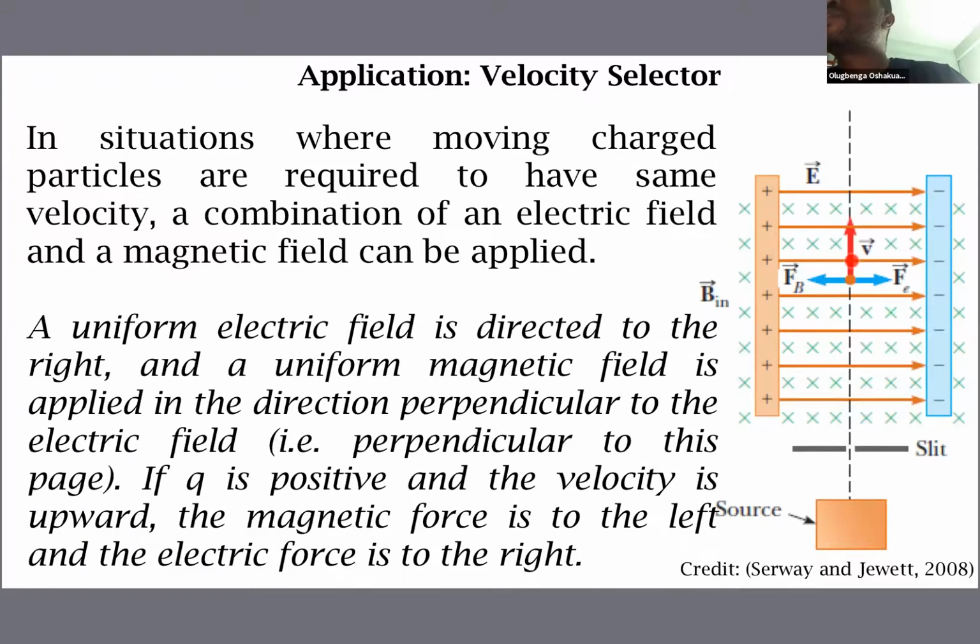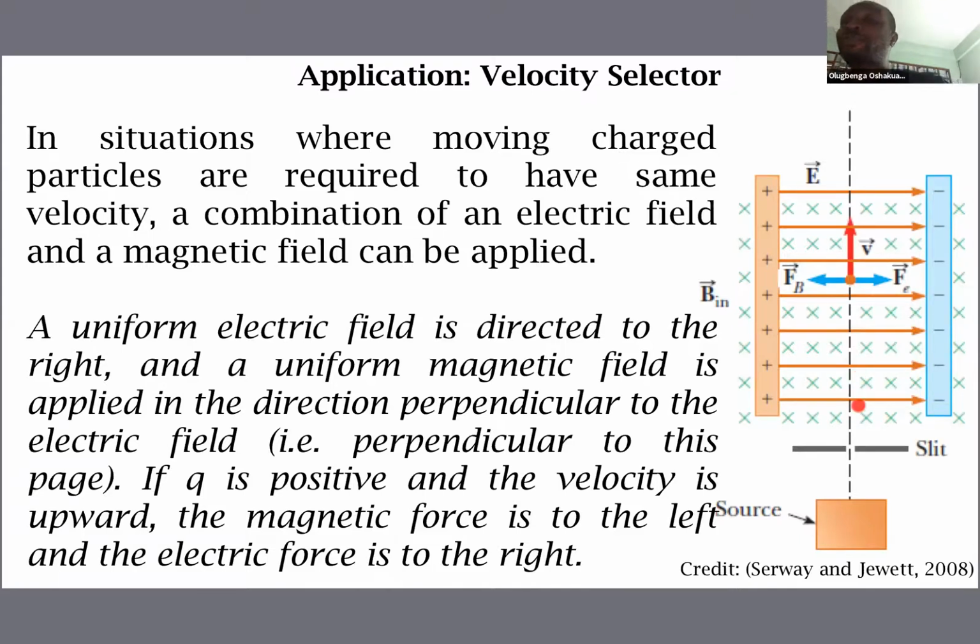It will experience a magnetic force to the left and an electric force to the right. But since it is the velocity V of interest, the magnetic force acting on the left will equal the electric force acting on the right. Since both are equal, it will keep moving straight, undeflected.